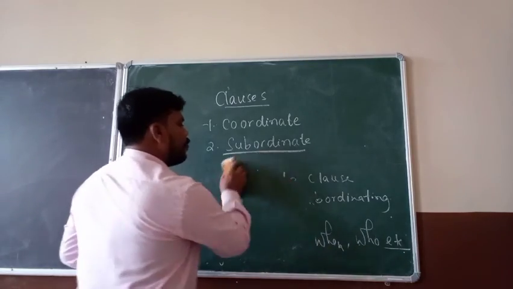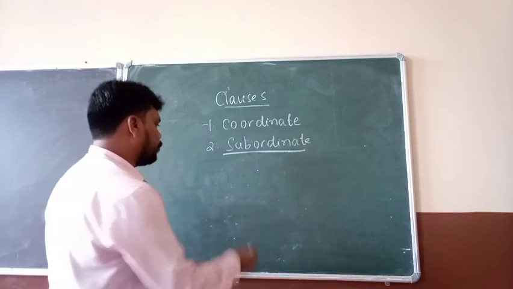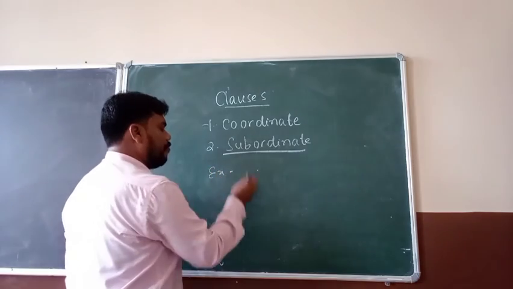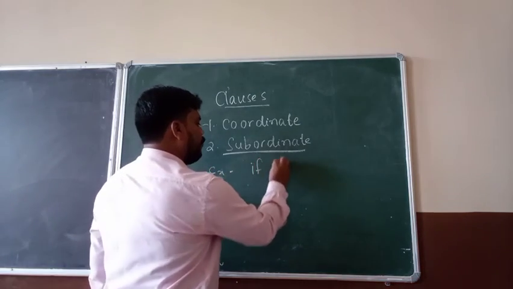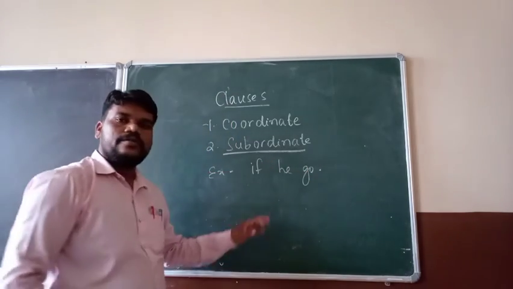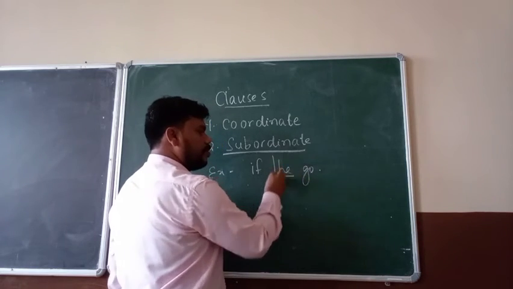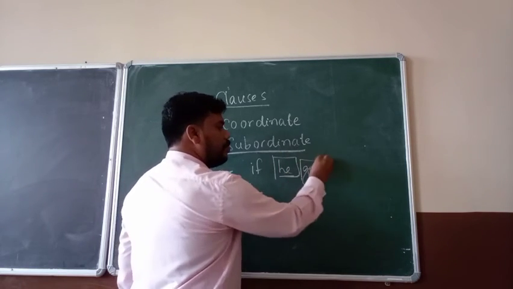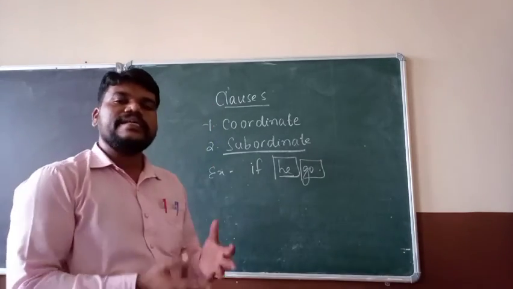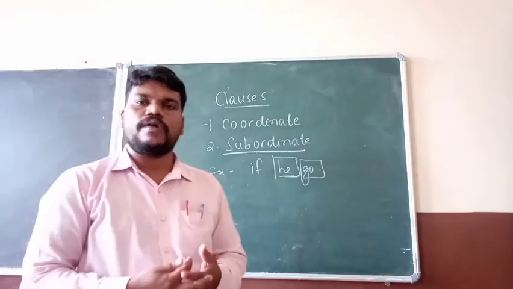So here is the example for you. Look at this. For example, if I write, if he go. Here you see that it is having a subject, it is having a verb, but it is incomplete, or it doesn't give us the complete meaning of what the writer wants to say.